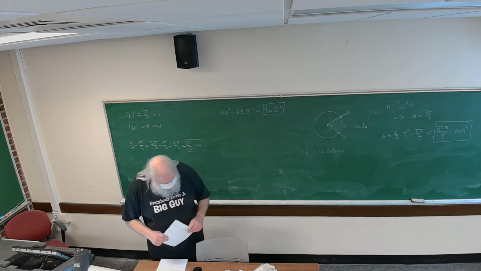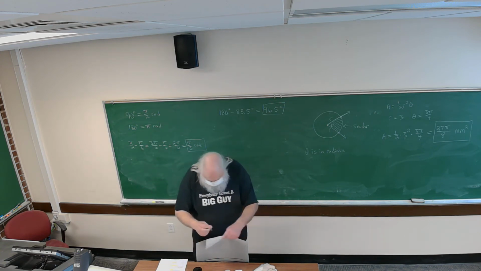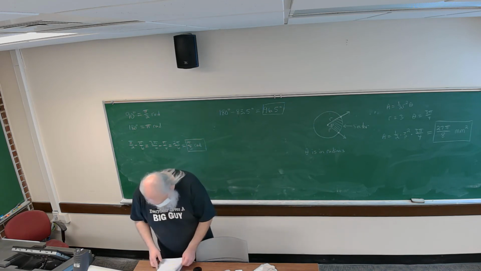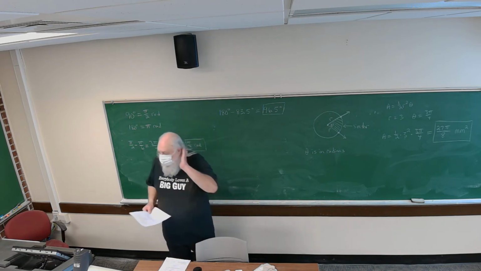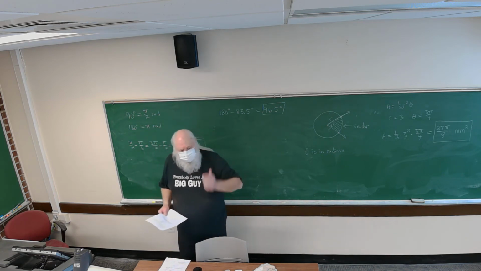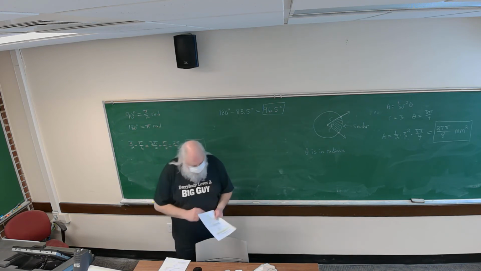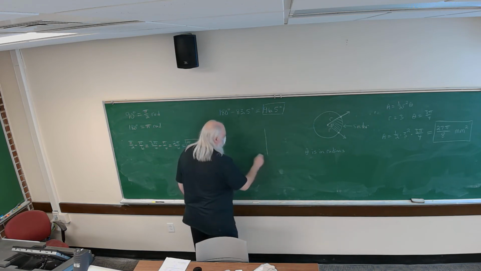In this section, we learn about the cosine function and the sine function. Like many of you who had trigonometry in high school, I learned trigonometry from what's called right triangle trigonometry.